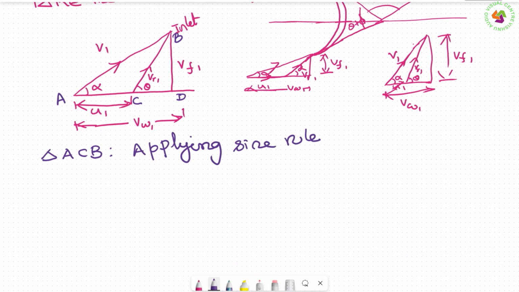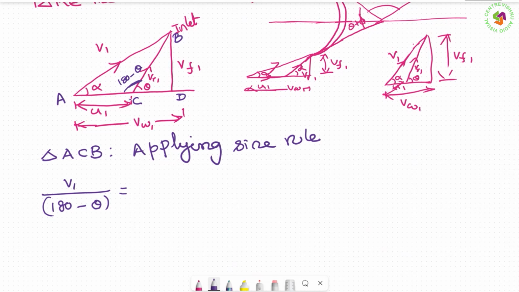If you take the angle opposite to V1, this is theta, so naturally this will be 180 minus theta. So V1 divided by sine of 180 minus theta is equal to, I am starting like this, then the next one.